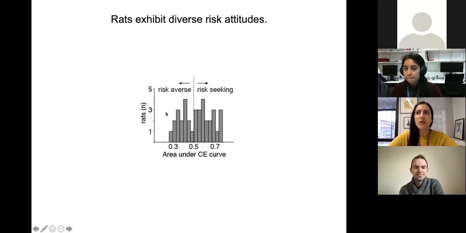I don't have a good explanation about why it looks different from the monkey data. It might just be a sampling issue. It might be the magnitude of the reward sizes. Our rats are also really overtrained. Another idea: from Paul Glimcher's lab, there's this paper from Yamada that, to my knowledge, is one of the only ones that did show monkeys with concave utility functions.